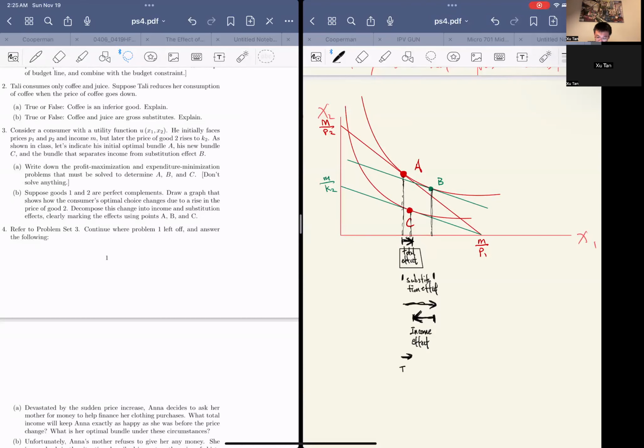This is the total effect. Everything is like, just imagine there's a straight line, if you could.